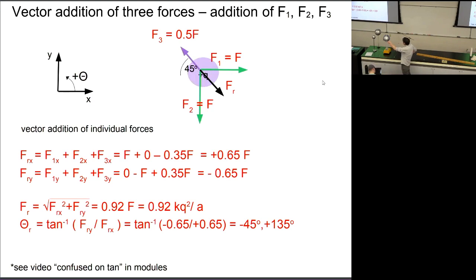The resulting force strength is just the square root of the sum of the squares of its x and y components. And that comes out to be 0.92 F, or 0.92 times kq squared over a squared. This should be an a squared. Sorry. F was just a proxy for kq squared over a squared.